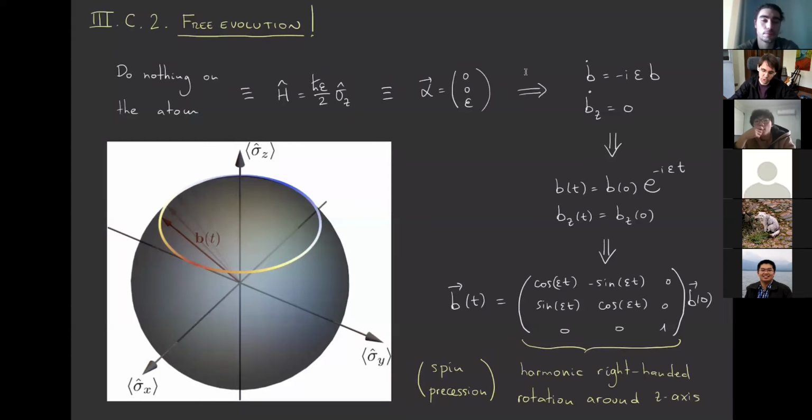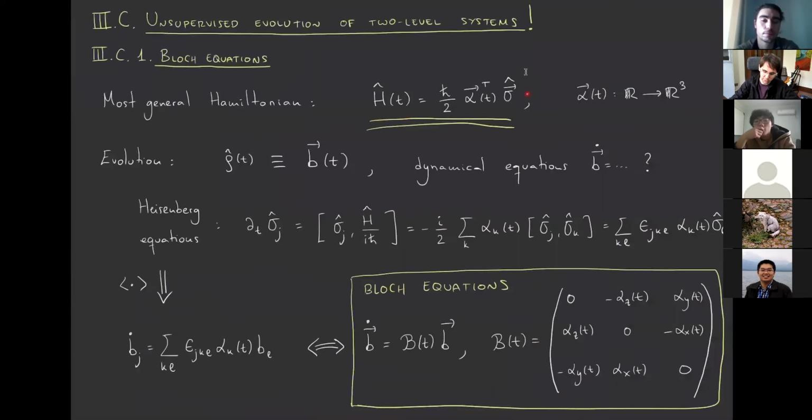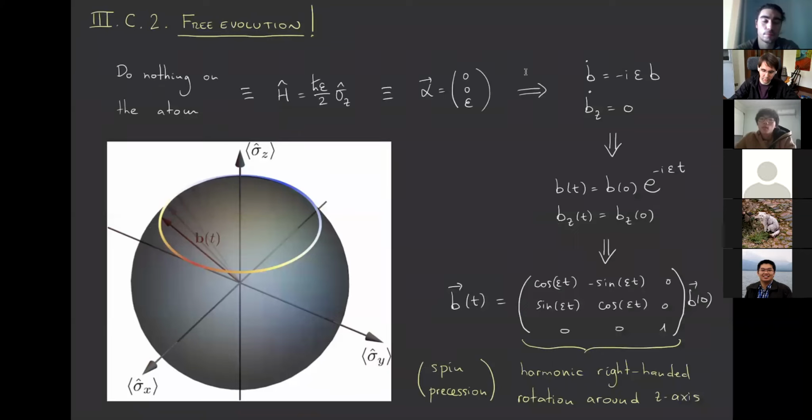So in the language of the Hamiltonian, in which we write it as a linear combination of Pauli operators, this would mean that alpha is just equal to (0, 0, epsilon), okay? And this means that the complex Bloch equations are given by this form here, which is very simple because it tells us that B_z doesn't change in time.